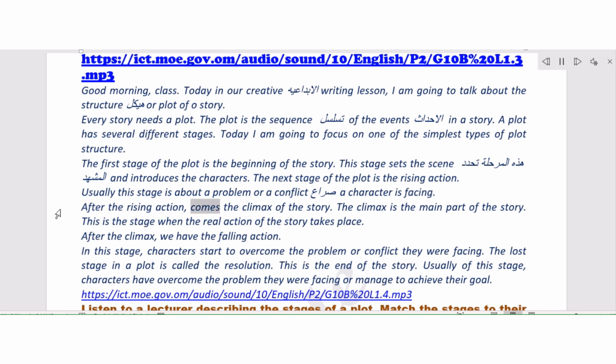After the rising action, comes the climax of the story. The climax is the main part of the story. This is the stage when the real action of the story takes place. After the climax, we have the falling action. In this stage, characters start to overcome the problem or conflict they were facing. The last stage in a plot is called the resolution. This is the end of the story. Usually of this stage, characters have overcome the problem they were facing or managed to achieve their goal.